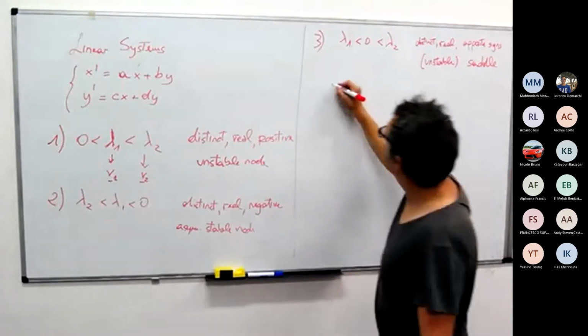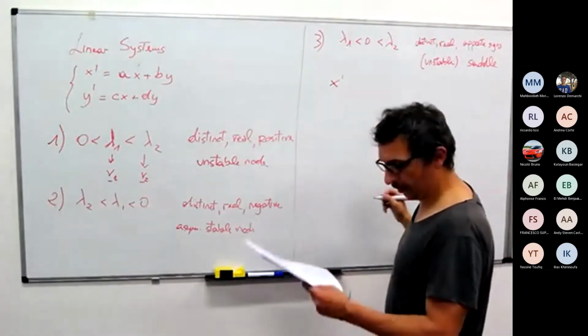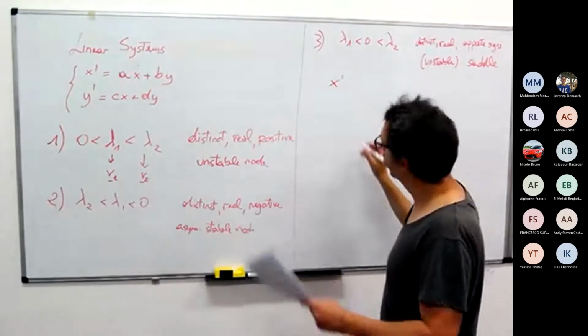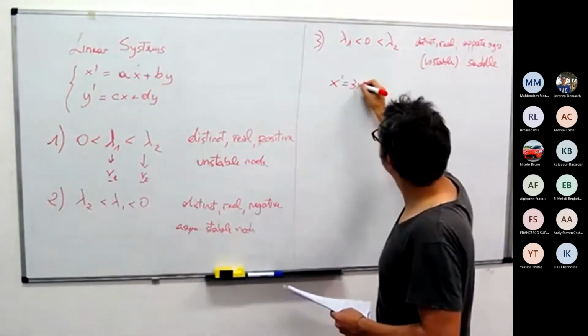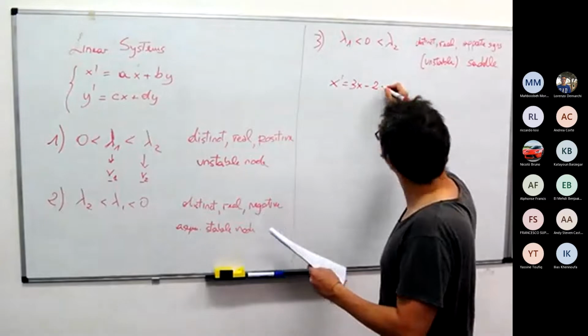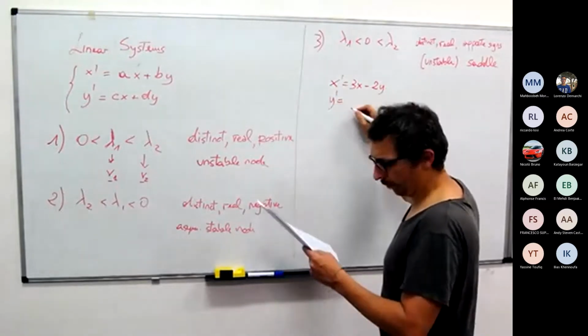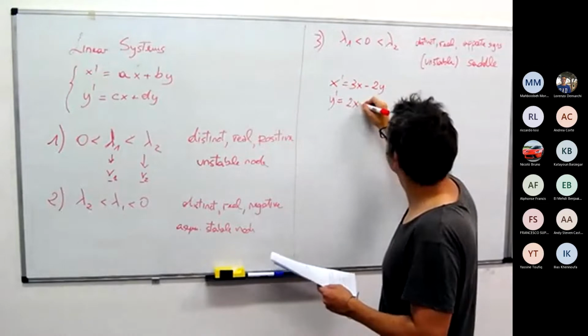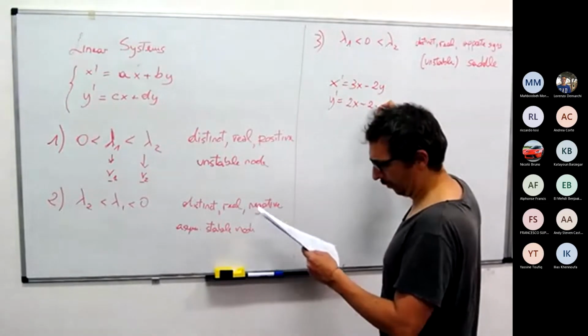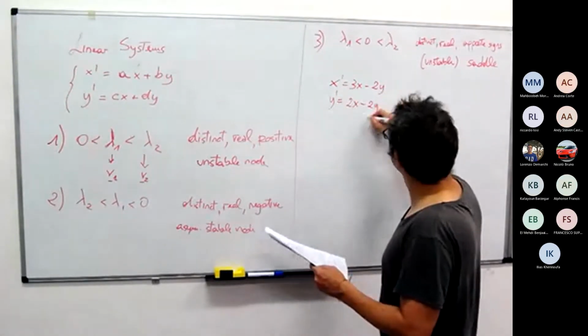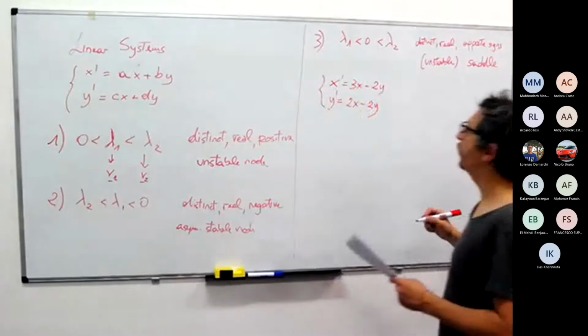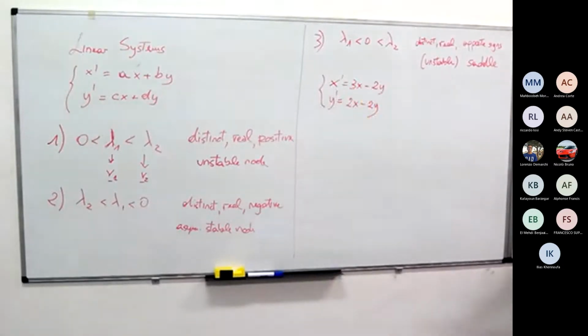So the example, let me consider the following system: x prime equal to 3x minus 2y and y prime equal to 2x minus 2y.